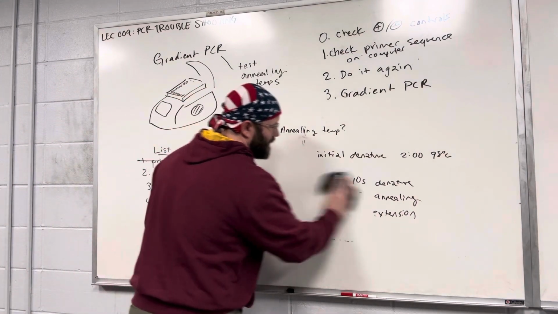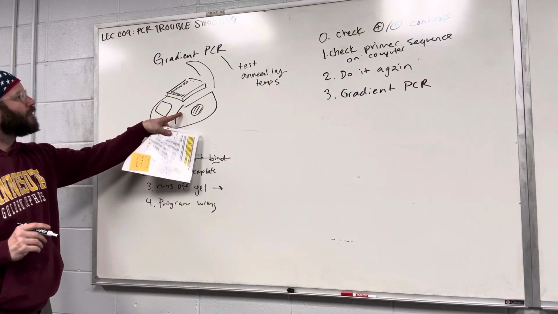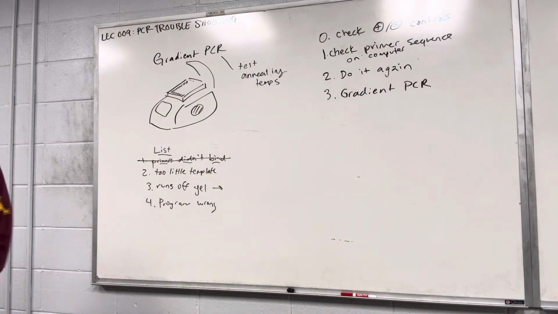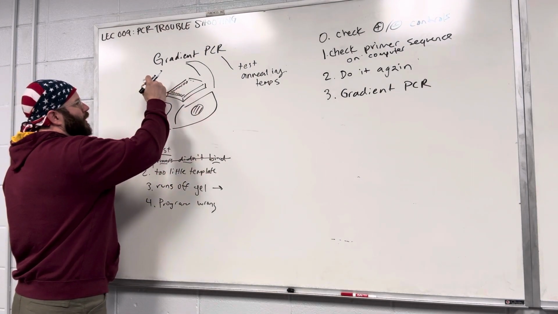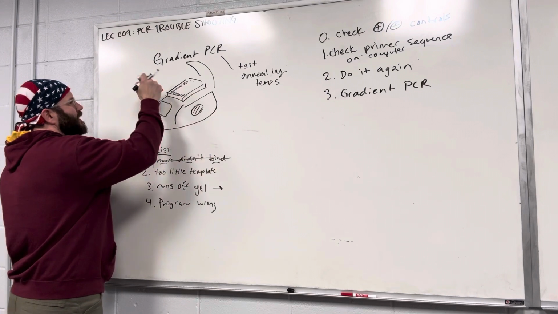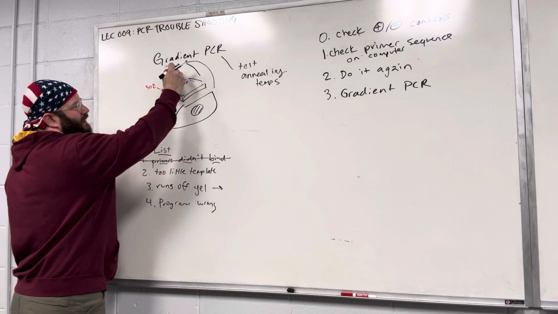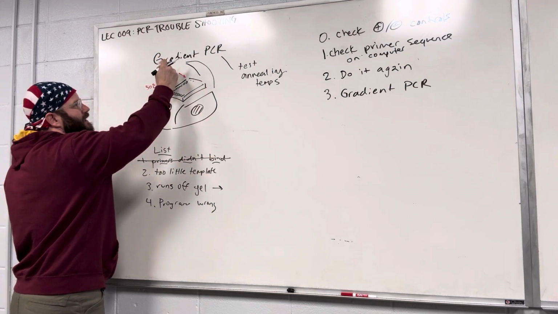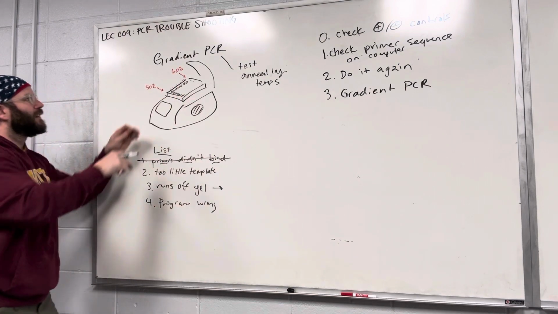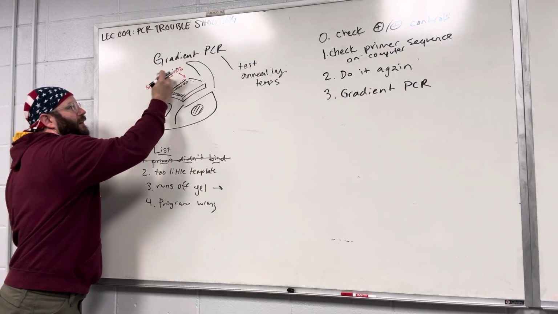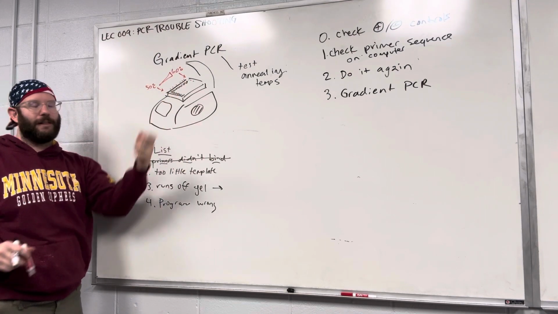Okay, so what a gradient PCR does is in most of the advanced thermocyclers, you can tell it to set a gradient where you tell it, okay, on this bottom row, do the annealing at 50 degrees Celsius, and on this top row, do the annealing at 60 degrees Celsius, and on each of these rows in between, do a gradient where you're increasing the temperature from 50 to 60. Does that make sense? Okay.